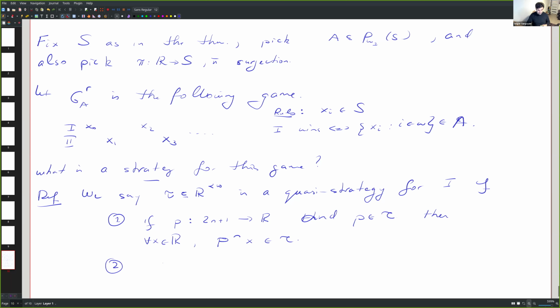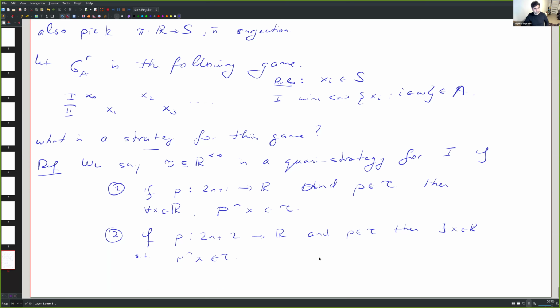And if it's one's turn to play, for such a P in tau, there is an x such that P followed by x is in tau. Now it's not unique, right? You cannot say it's unique because if R was well ordered, you could pick a particular one, but now we cannot. Okay, so this is what the strategy is.